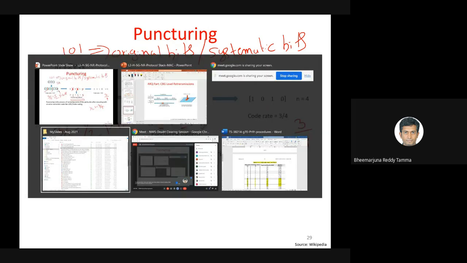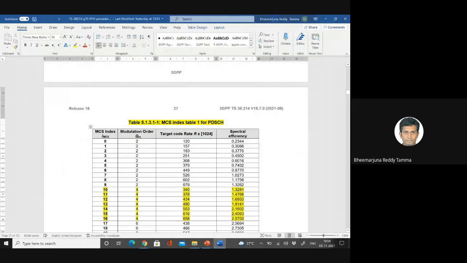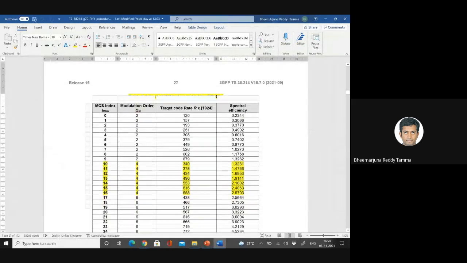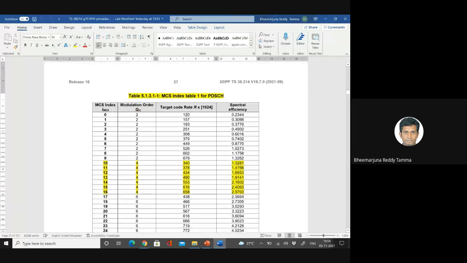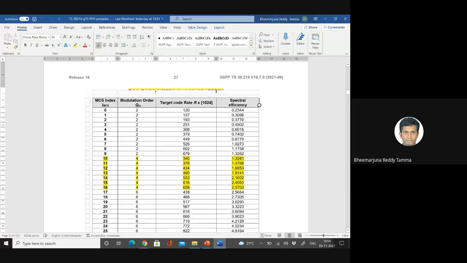And let's look at the coding rate in the context of 5G. So I was showing you these tables. Sorry, I didn't show you this table, but I was telling you that based on the channel quality, the transmitter will decide what should be the modulation and coding scheme as part of the adaptive modulation and coding strategy.